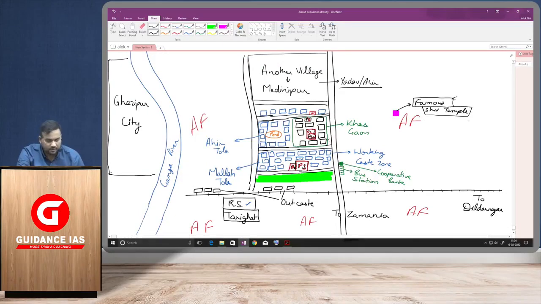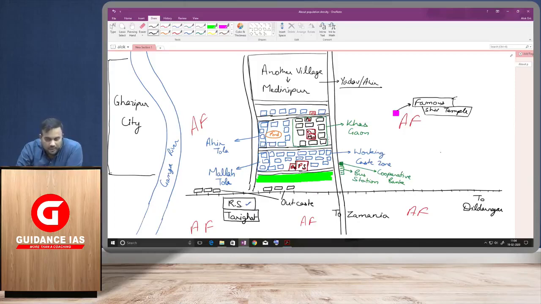No, there is no settlement there right now. It is just a temple surrounded by fields. In future maybe there would be growth of settlements. It is totally surrounded by open fields. Okay, so this is the morphology of an Indian village, a case study.